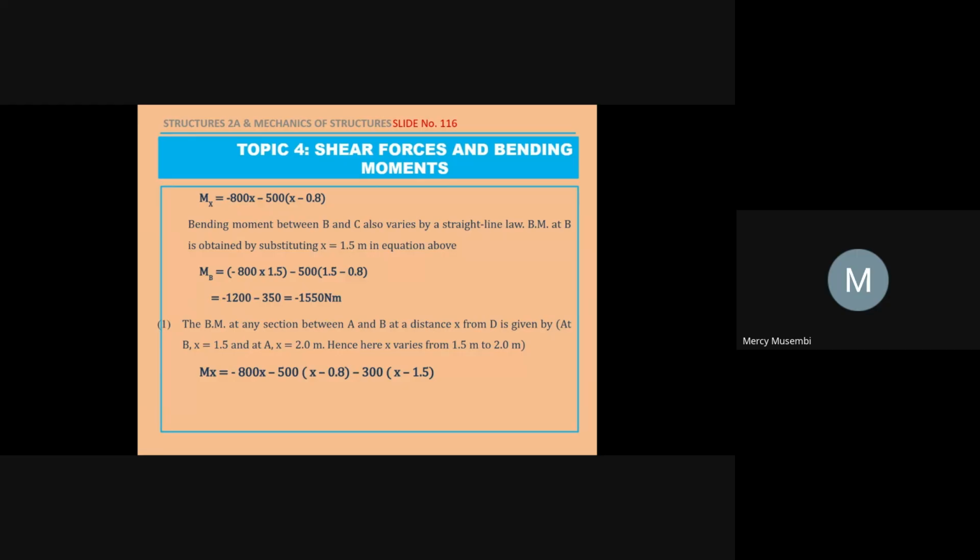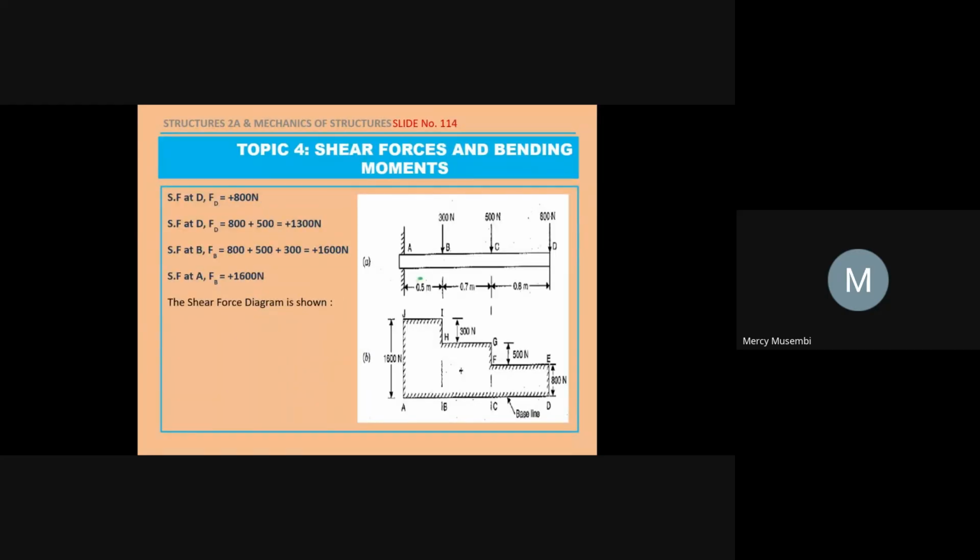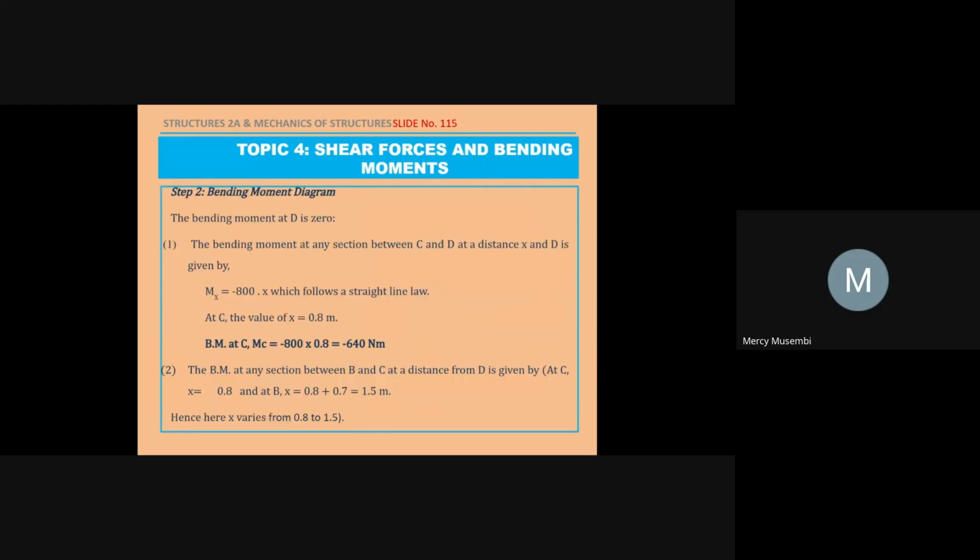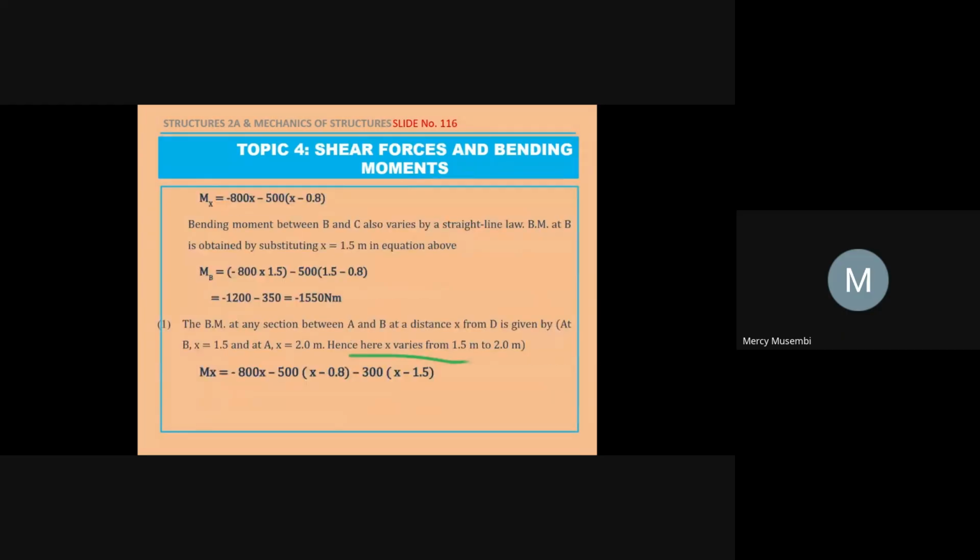And then the bending moment between A and B is at a distance x from D. At this point, it's about 2 meters from D, about 1.5 meters from C, and about 0.5 meters from B. Hence, x varies between 1.5 to 2 meters.